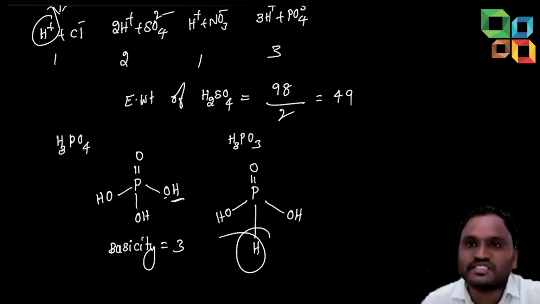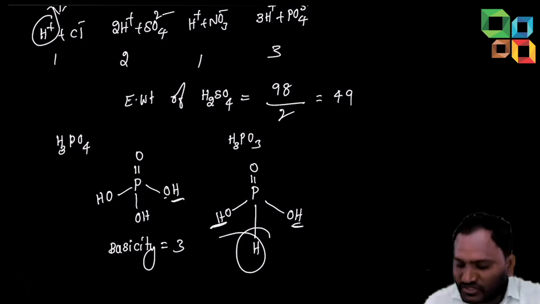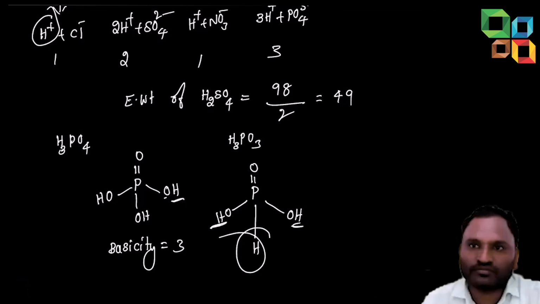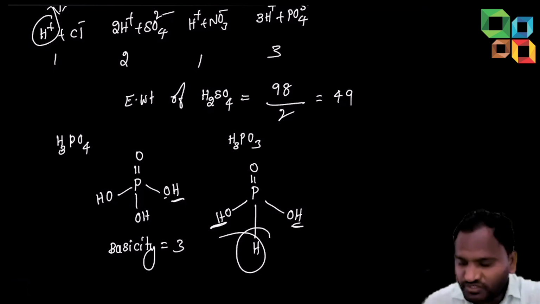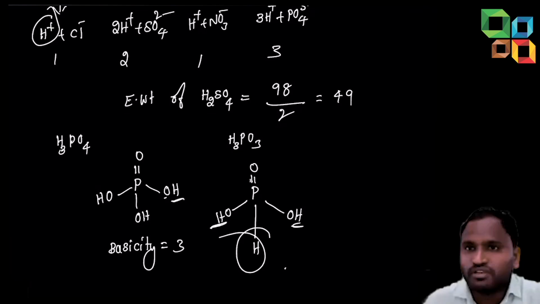It won't come out as H plus because it is connected directly to the central atom. Only 2 hydrogens are available to replace, so its basicity is 2. Why are we subtracting 1 every time? If this oxygen is not available, the hydrogens will be connected to the central atom directly.